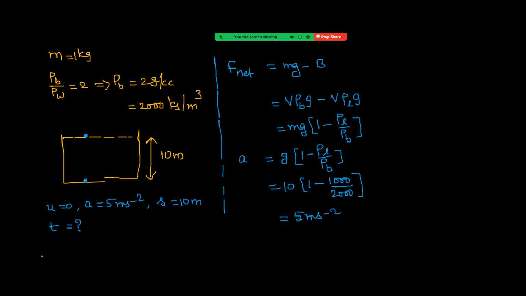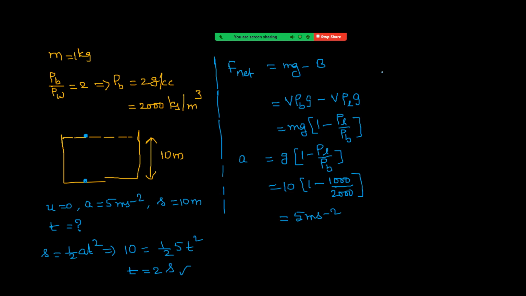So here I'm writing directly S equal to half a t square. S is 10. Half a value 5, t square. 5 here 2 times 2 is 4. So t value 2 seconds. Now check once. So 20 by 5, 4. t square 4, t value 2. It takes now 2 seconds, right?